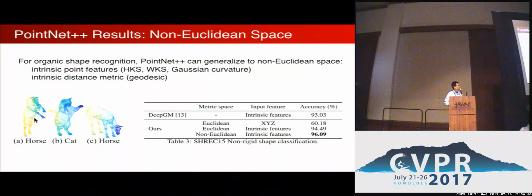So for organic object classification, we want to look at the surface and geodesic distance rather than the extrinsic shape. PointNet++ can be applied to that as well. If we use geodesic coordinates rather than Euclidean coordinates, we can use geodesic distance-based distance and coordinates. And also we use the intrinsic features for each point. Evaluating on this benchmark, we get state-of-the-art performance.